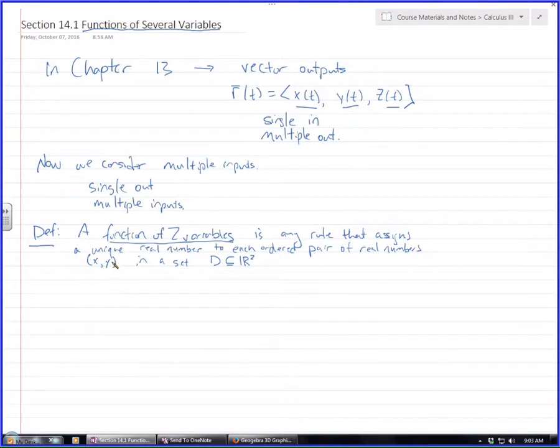Since it's ordered pairs, then we're in R2. And it's denoted by f of x comma y. Very much as you would expect. It's just like function notation, but I'm going to have commas inside, and f is just the name of the function.